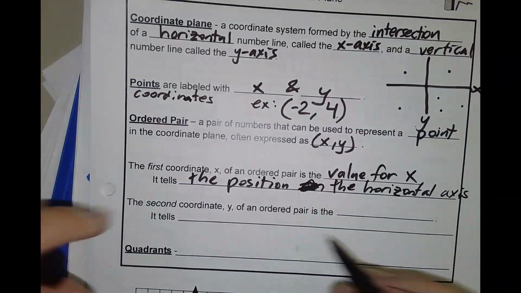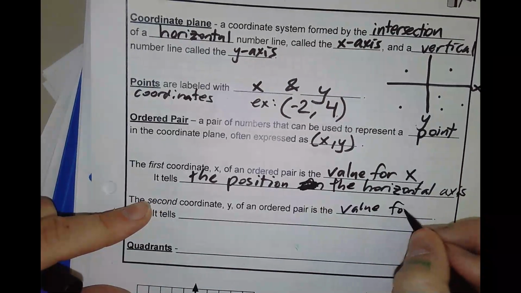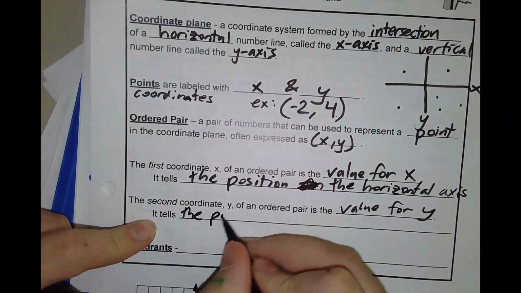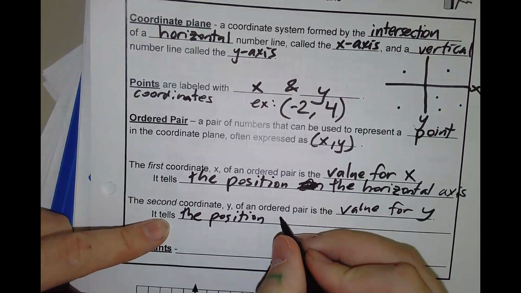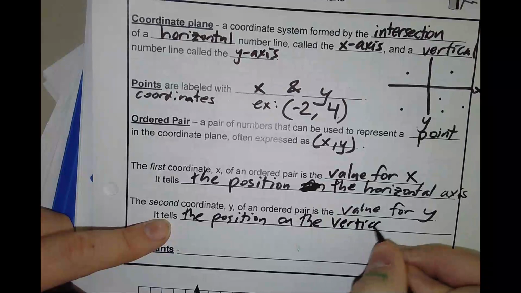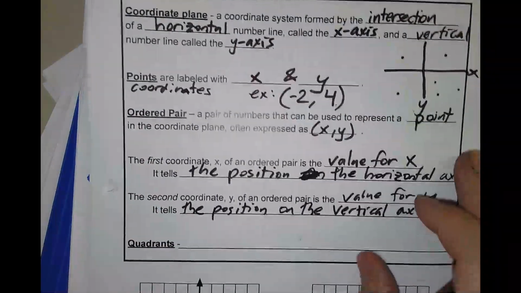The second coordinate y of an ordered pair is the value for y. It tells the position on the vertical axis. We can also say vertical axis or plane, I think.